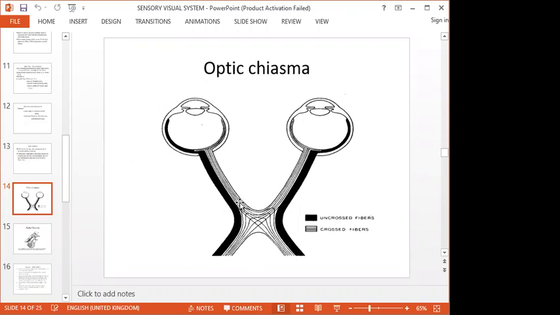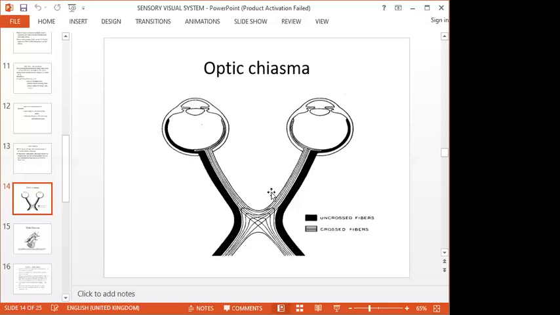If you have a visual field here, it's straightforward. Any lesion here, the patient won't be able to see in that field. If it's here, it will be in the medial side of the eye. But if the lesion is here, for example, these are fibers from the opposite eye, which have joined the fibers from the ipsilateral side.